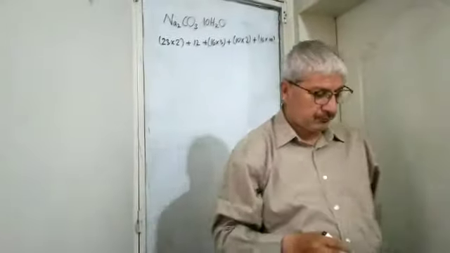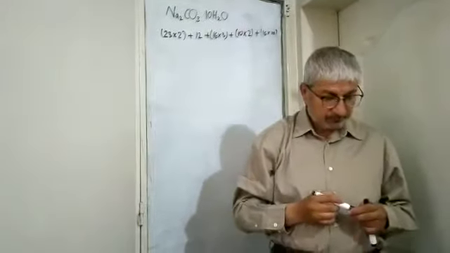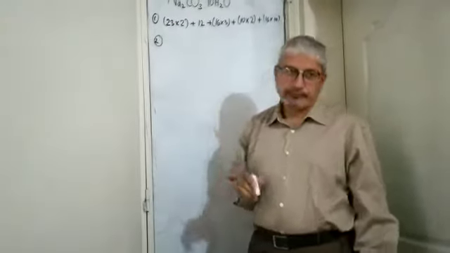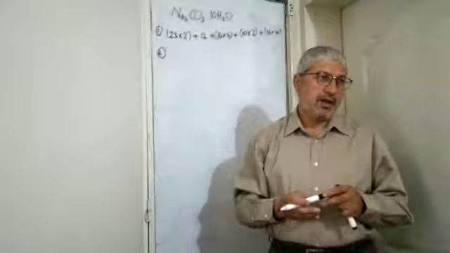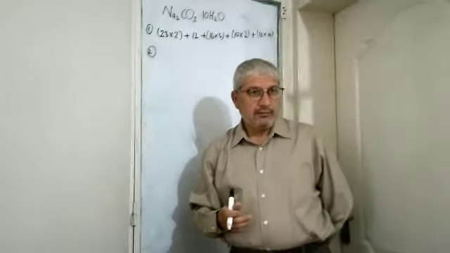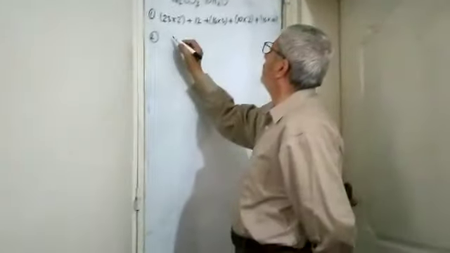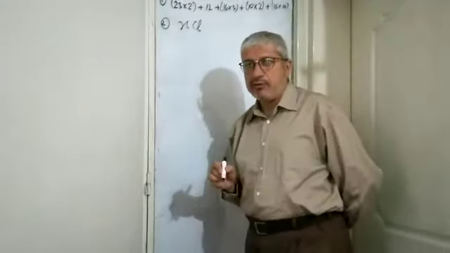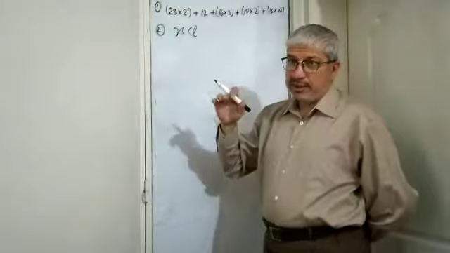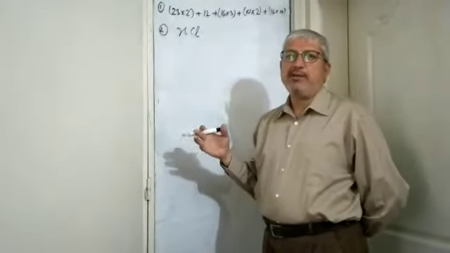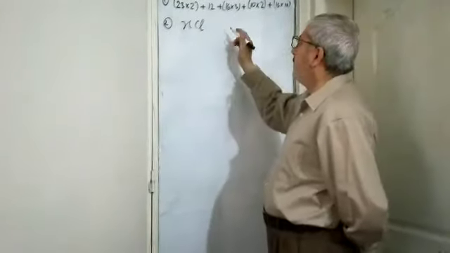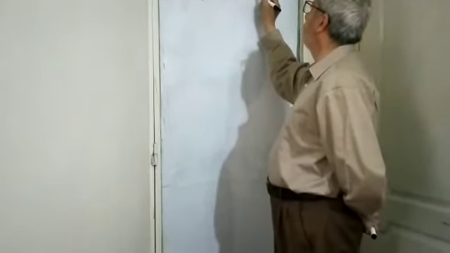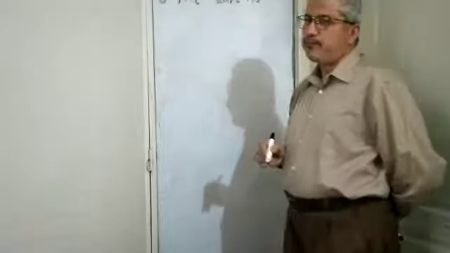Question number 2. X forms an ionic compound with the formula XCl and an Mr of 74.5. What is the Mr of the oxide? So XCl is an ionic compound, and if you remember, if it is an ionic compound, that means X will be a metal, and its Mr is equal to 74.5.